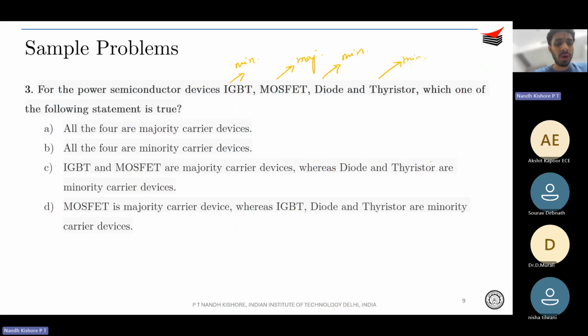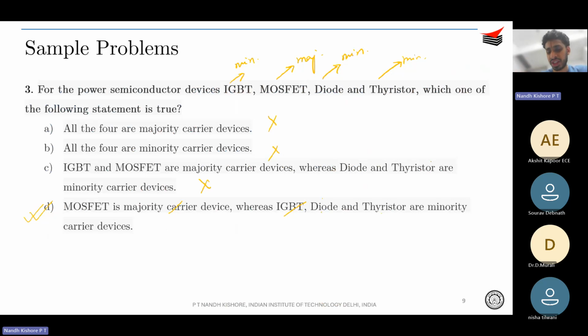Okay. So all four are minority carrier devices? No and no. IGBT and MOSFET are majority carrier devices. Diode and thyristor are minority carrier devices? No. MOSFET is a majority carrier device, and IGBT, diode, and thyristor are minority carrier devices. True. So option is B.